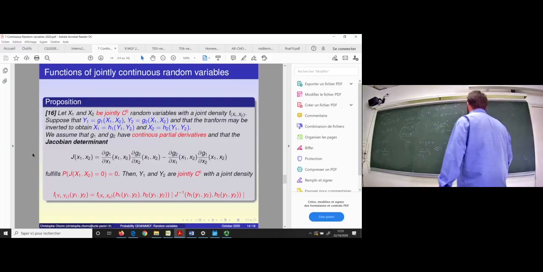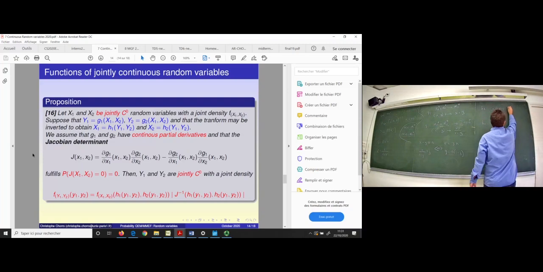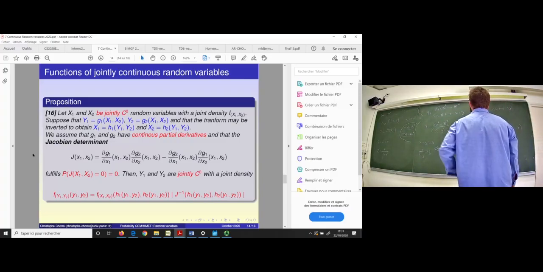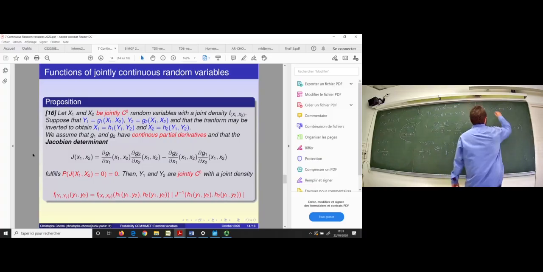Okay, so what are my h1 and h2? So h1 and h2 are this way, that associate to S and Z: the first one associates S times Z, the second one associates S times 1 minus Z. So S is in R plus star and Z in 0, 1, so the domain is R plus star times 0, 1.